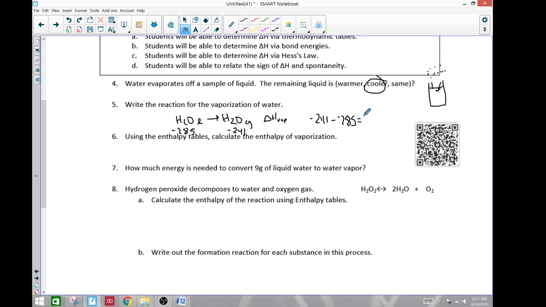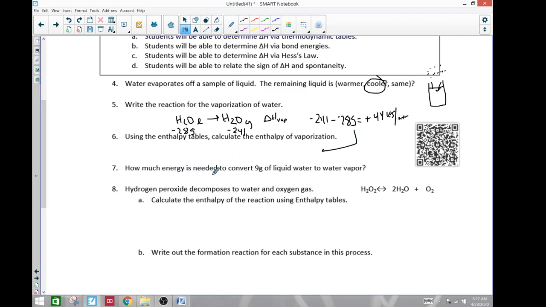And remember, two negatives is just adding, so negative 241 plus 285 is positive 44. All right, so once again, that is endothermic. 44 kilojoules per reaction cycle. Using the enthalpy tables, calculate the enthalpy of vaporization. I guess I just did that right there.